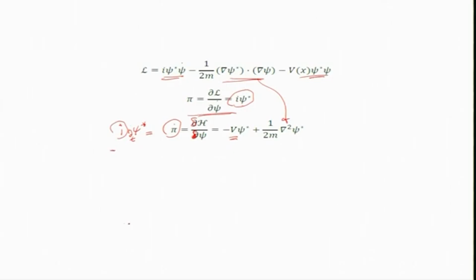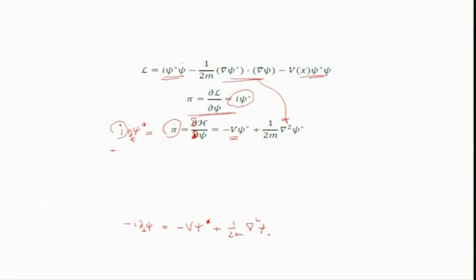So, minus i dt psi equals, V is a real function, so V does not get complex conjugated, and minus psi plus 1 over 2m grad squared psi.